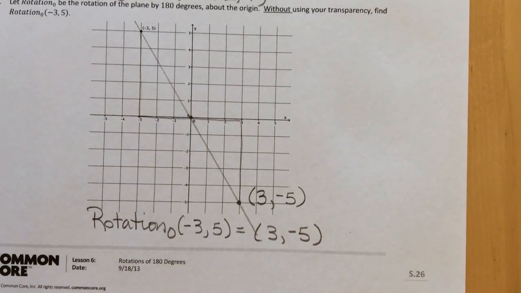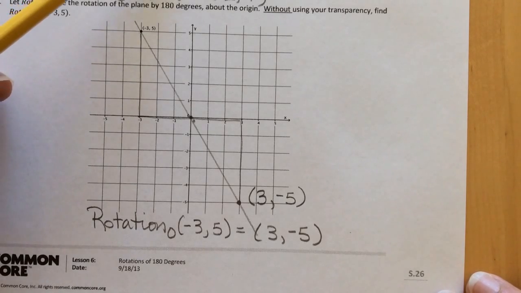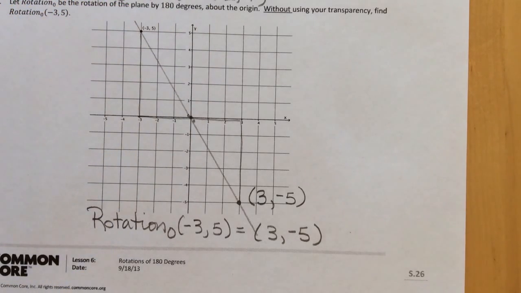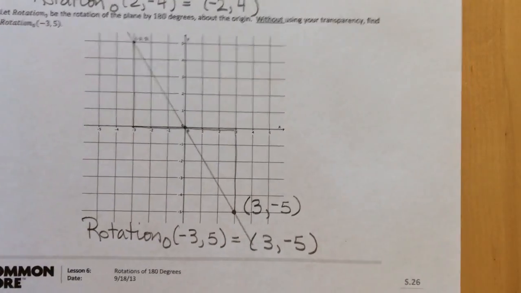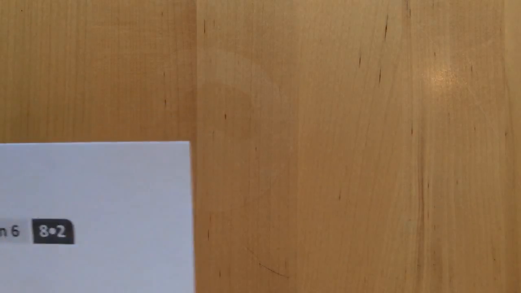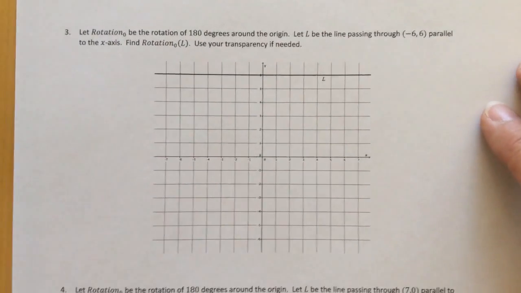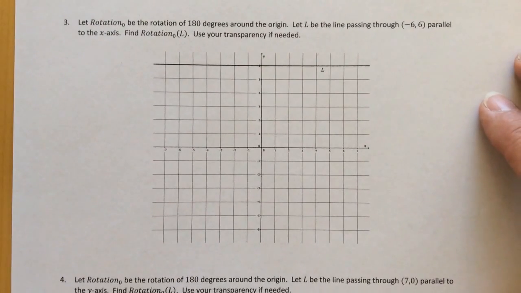We made use of what we knew about the point, the center of rotation, and the rotated point being collinear when I rotate 180 degrees. All right, now I'm going to have you look at exercises 3 and 4. Both of these say use your transparency if needed, and I will probably do that when we do these.